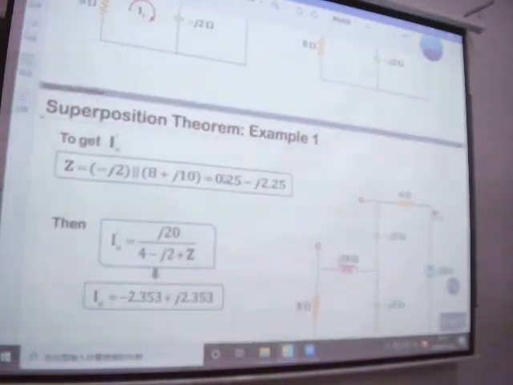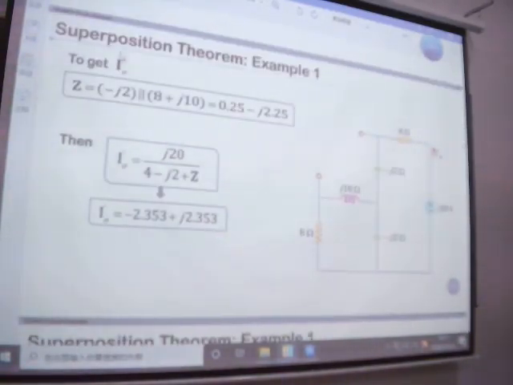Go back to the first one. Now we need to get I0 prime, so we disable the current source and we get this figure. In this figure we have just one source, and all the other elements are in complex resistance, that is, impedance. Then we solve for I0.